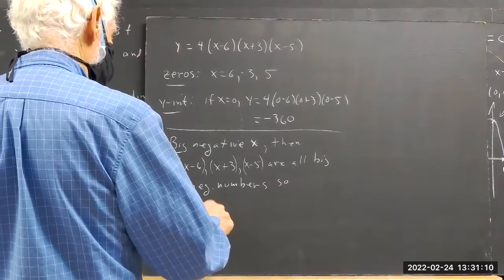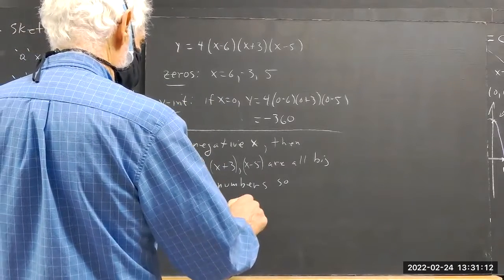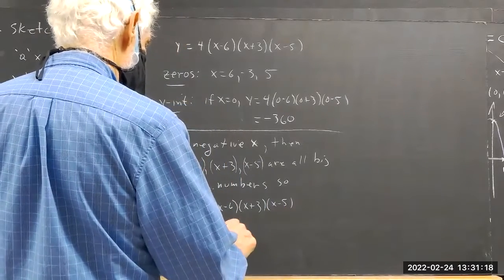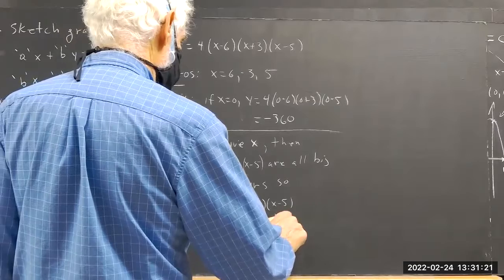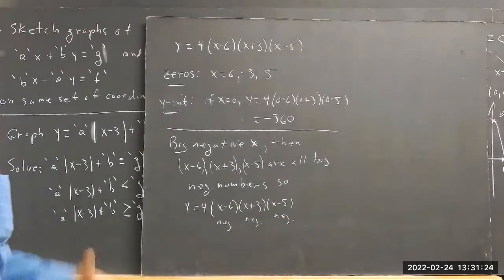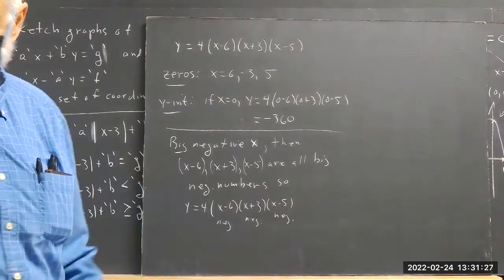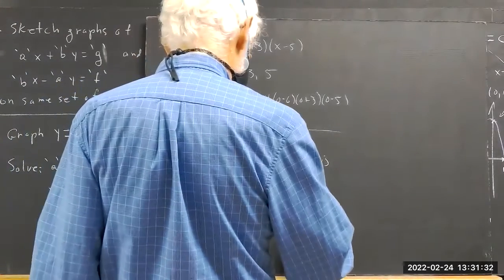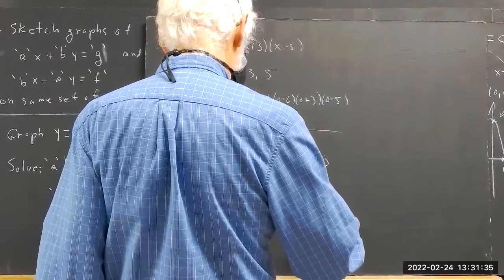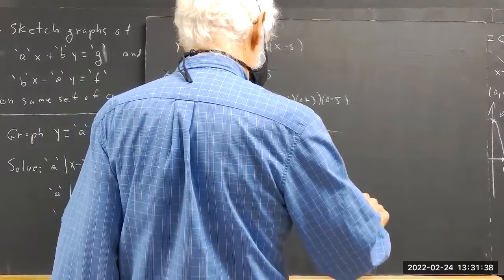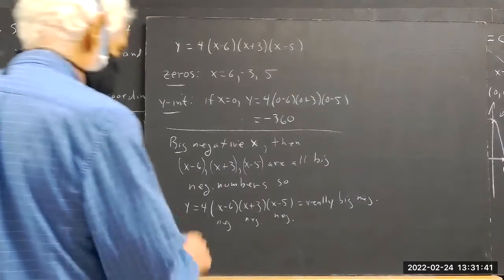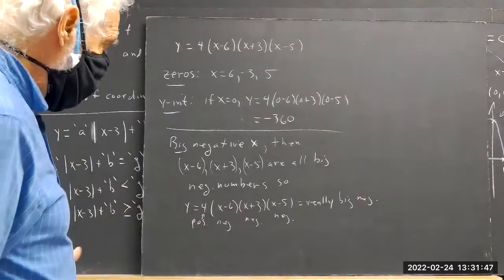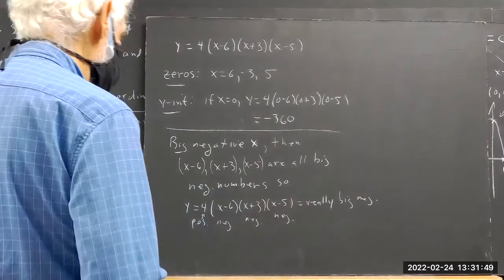So y equals 4 times x minus 6 times x plus 3 times x minus 5. Well, this is negative, this is negative, this is negative, and they're all big. If you multiply big numbers, you get a bigger number, and if you multiply 3 big numbers, you get an even bigger one. So this is a really big negative number. I should also notice that the 4 here is positive, so that isn't going to affect the sign. So this is a really big negative.